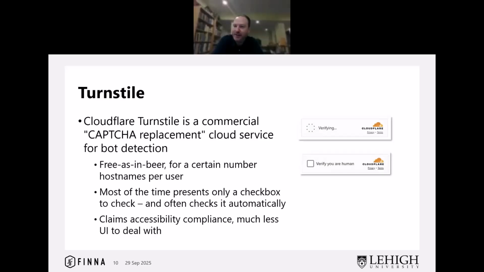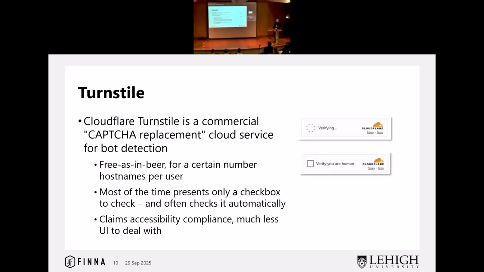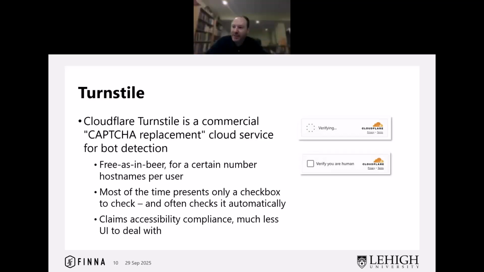It presents a checkbox and usually checks the checkbox automatically after some logic. And sometimes the user has to check it themselves. But it's a free service and it claims accessibility compliance and it's far less user interaction than a typical CAPTCHA. So if that detects bots accurately, that's a big win.